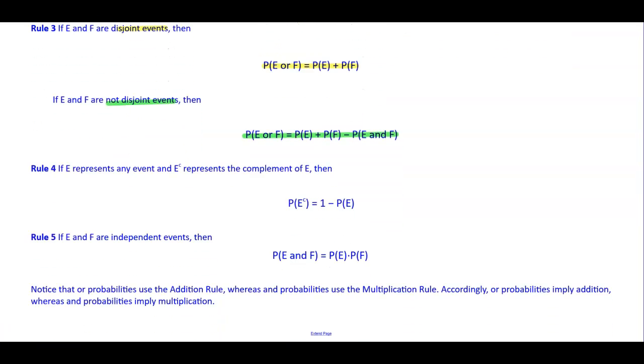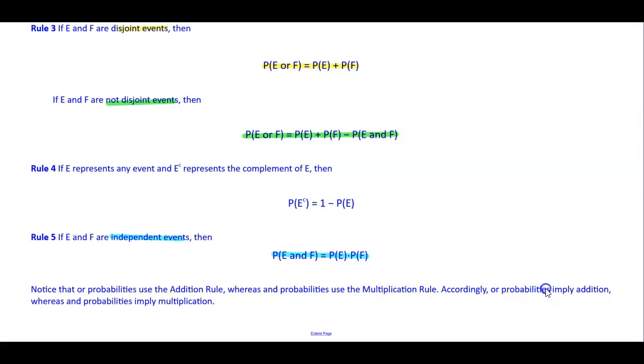Rule number 4, if event E represents any event and the complement, E to the power of C, represents the complement of that event, then the probability of the complement is equal to 1 minus the probability of event E. Rule number 5, if events E and F are independent events, then the probability of E and F equals the probability of event E times the probability of event F. Notice that OR probabilities use the addition rule, whereas AND probabilities use the multiplication rule.